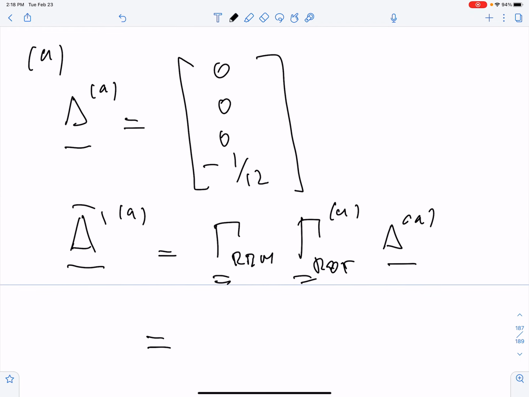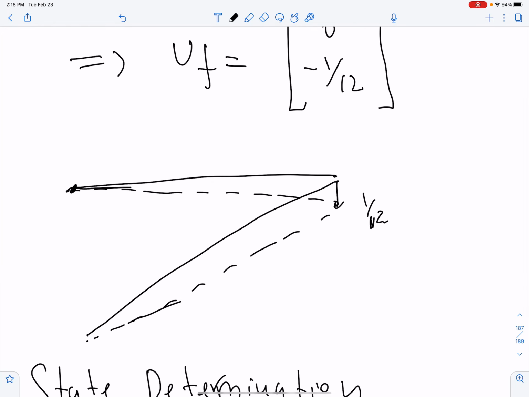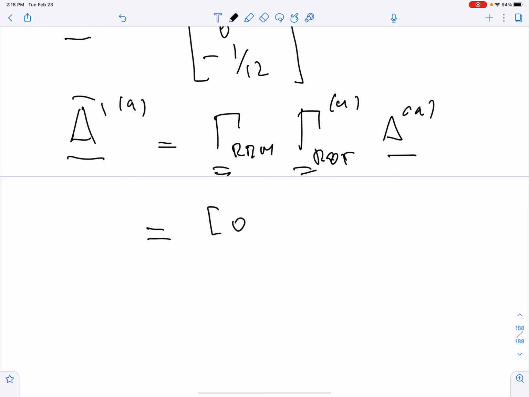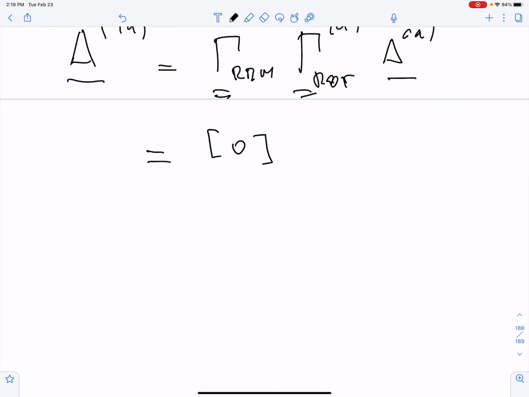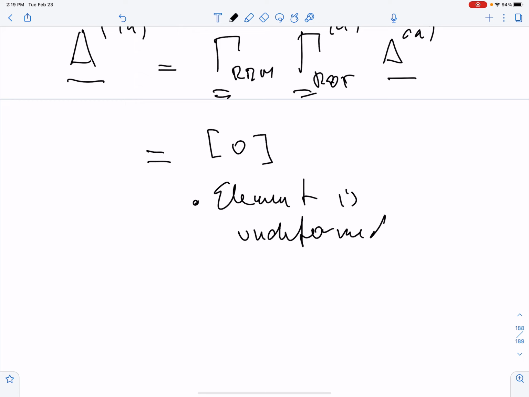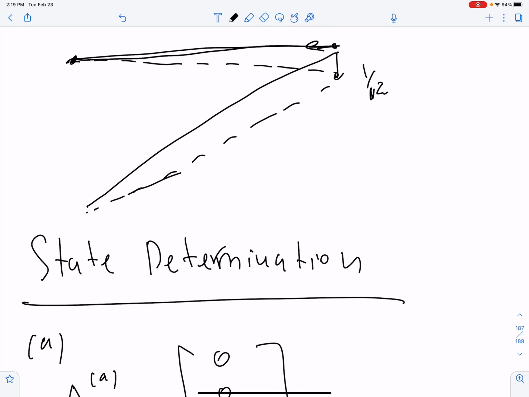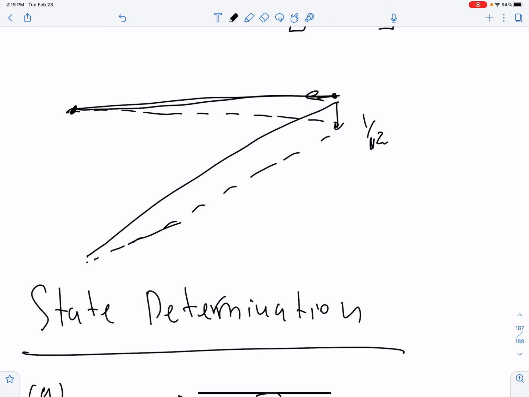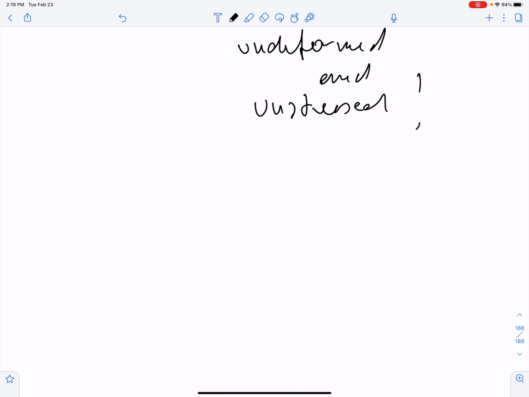This just ends up being a displacement in X. This element is horizontal, so the basic displacement would just be the X displacement component here, which is 0, okay? So I get a 0, and then the element is undeformed and unstressed. Okay? So that's what happens. So basically, that distributed load is taken up directly by the element over which it is applied.